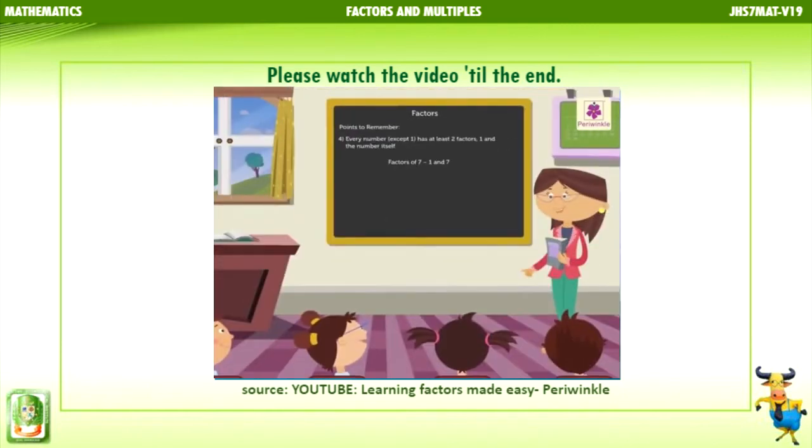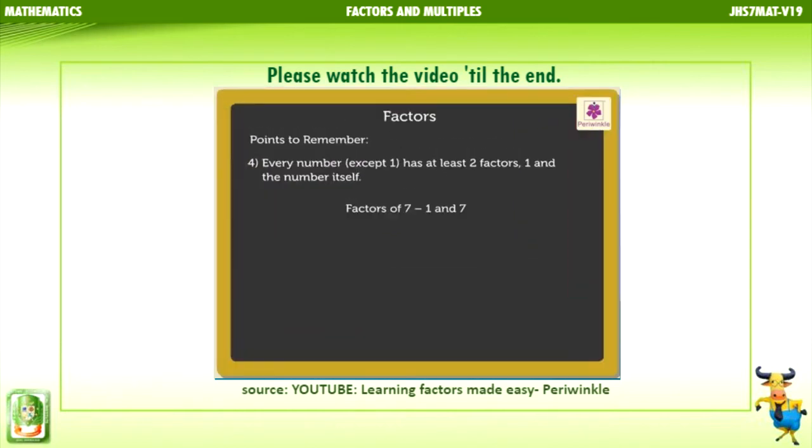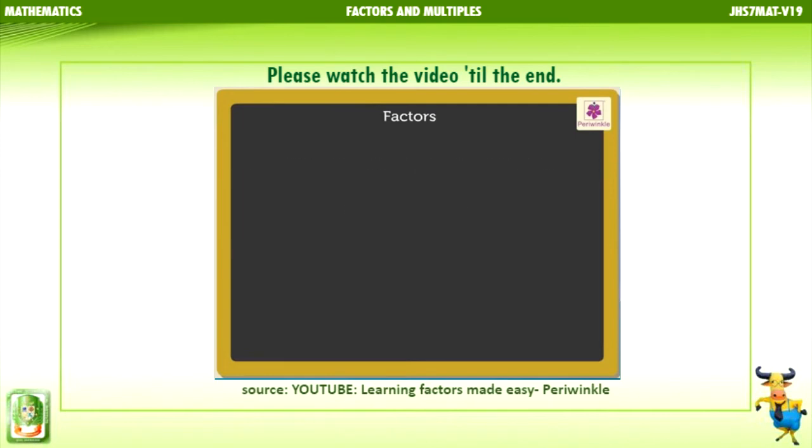Do remember these points properly. They will help you to find the factors as we go further. Now, let us find the factors of one more number. Let us take the number 30.